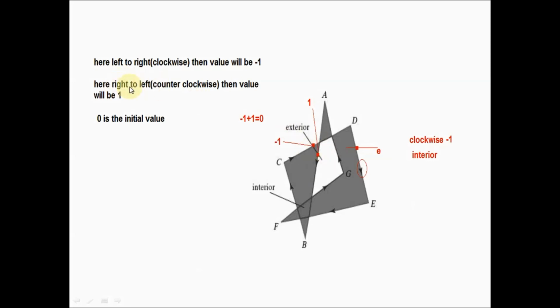So right to left is counterclockwise, then the value will be 1. Now I found out one edge value. The value is 1.